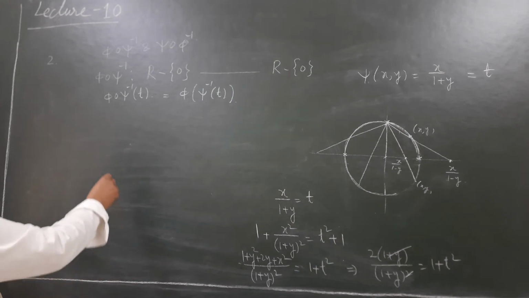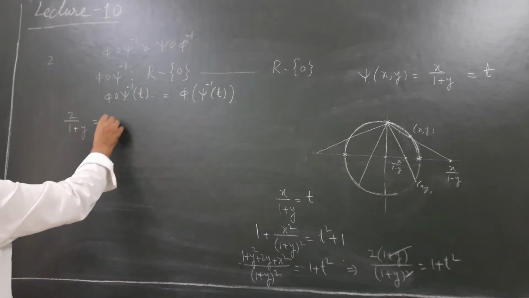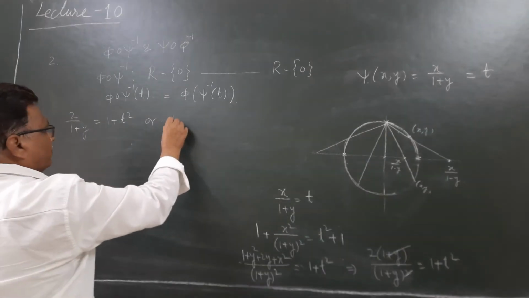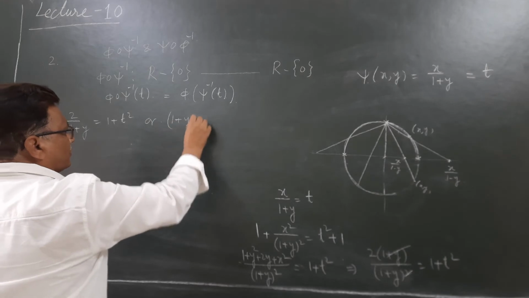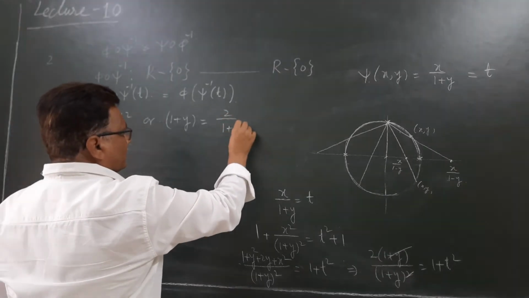So what do you get? You get 2 upon 1 plus y equal to 1 plus t square, or I can say that 1 plus y equal to 2 upon 1 plus t square.